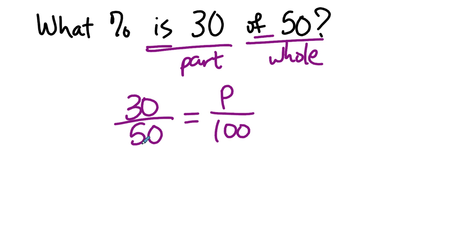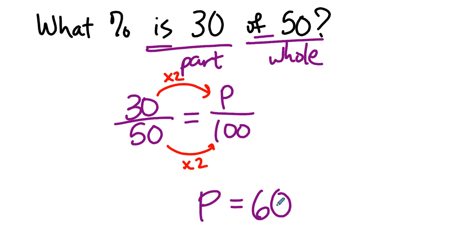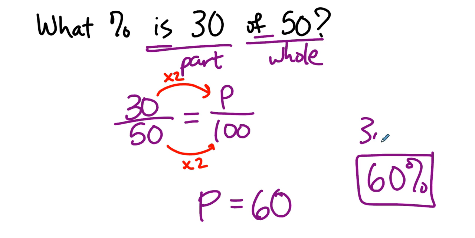And then either by cross multiplying or by recognizing that this multiplies by 2, so this multiplies by 2, we see that the percent in this scenario is 60. What percent is 30 of 50? 30 is 60% of 50.